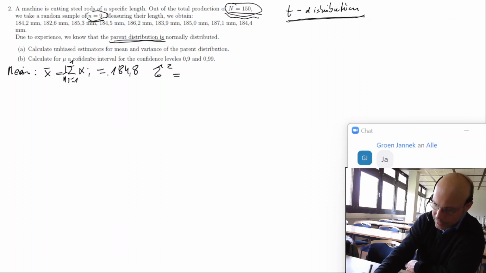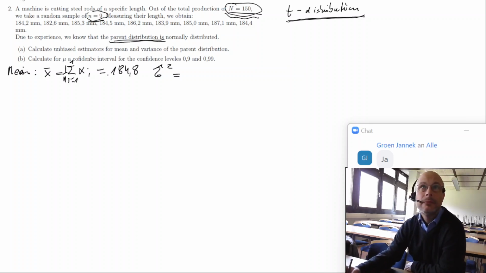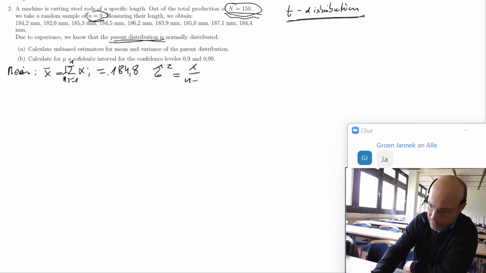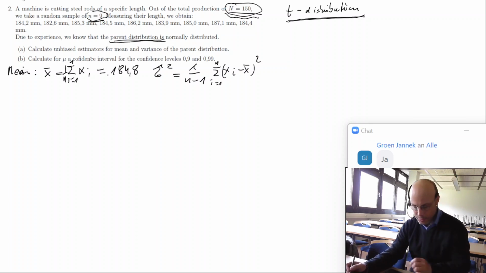Sigma hat squared equals 1 over n minus 1 times the sum of (x_i minus x bar) squared, i from 1 up to n.